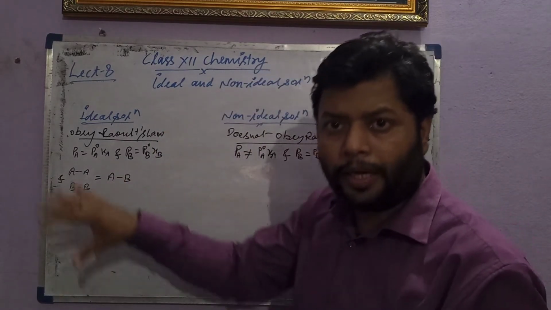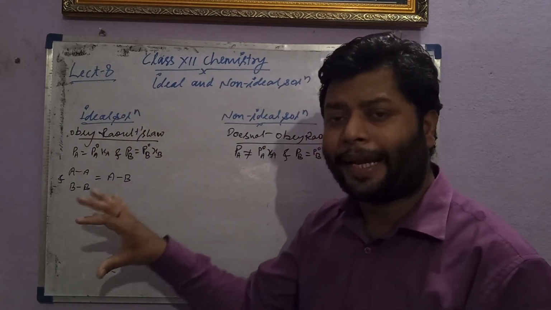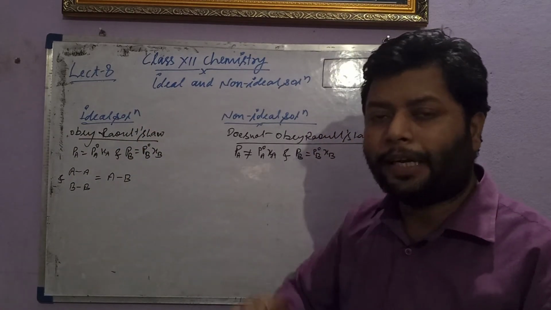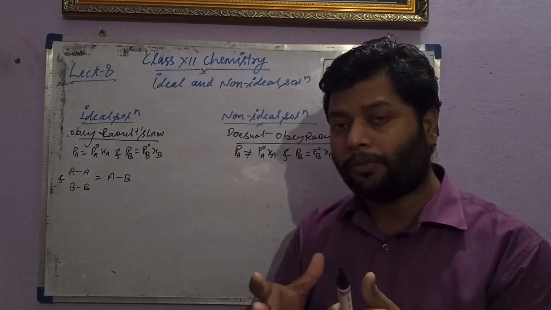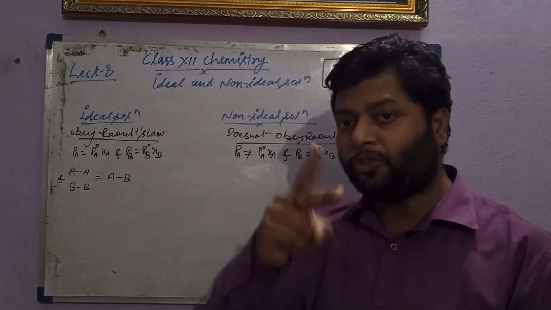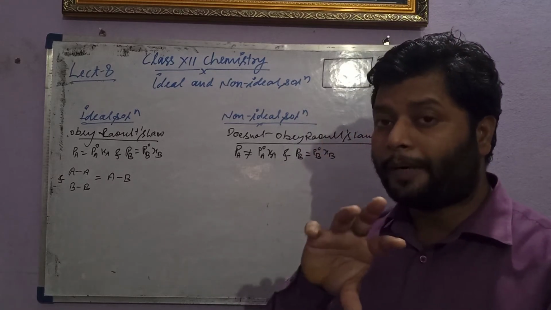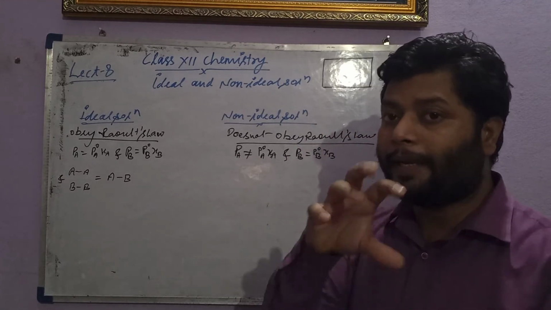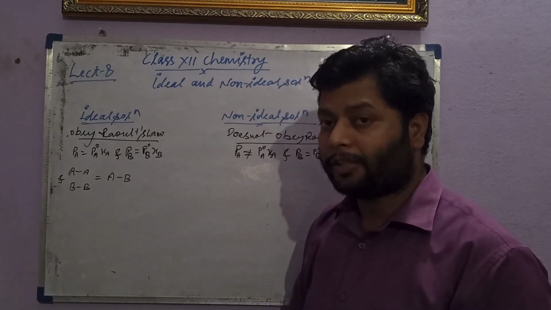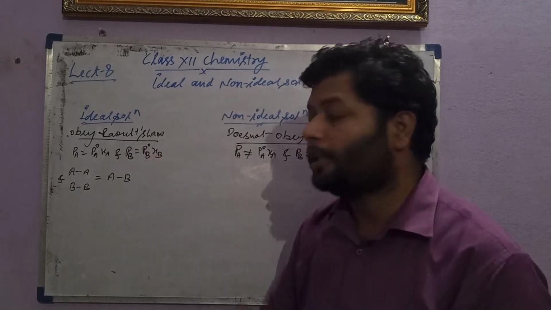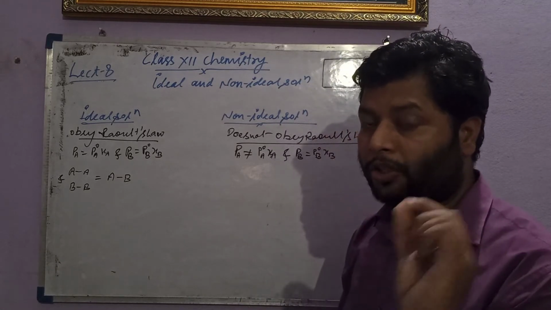If all these forces of attraction are similar or equal, it is called ideal condition, ideal behavior. So the solution obtained by mixing two components, because the forces of attraction are the same, mixes together to form an ideal solution. That is one of the basic concepts.